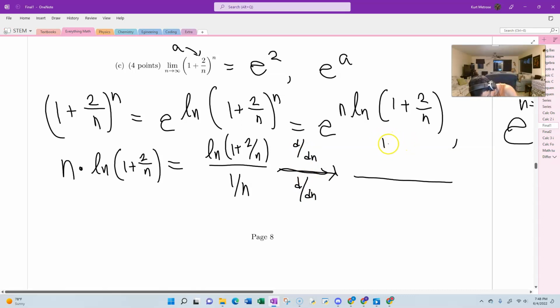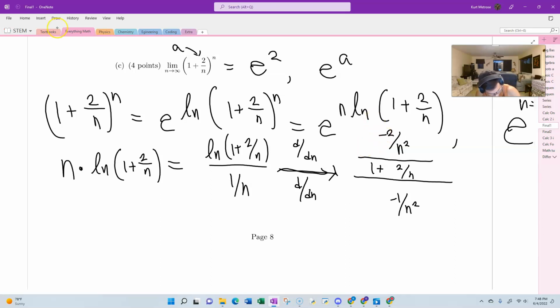You get the derivative of the top, 2 over n squared, a negative, divided by 1 plus 2/n, and then the bottom gives negative 1 over n squared. Yep, that's the derivative. And note, the negatives do cancel. So what I'm going to do is turn them into positives.